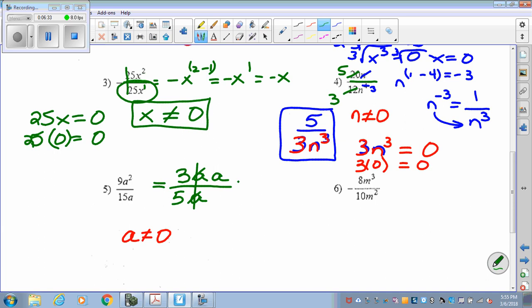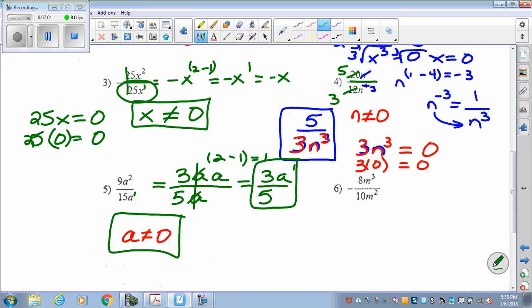What is left is 3a on the top and 5 on the bottom. Notice that 2 minus 1 is 1, by my exponent rules, and that's why I have that 1a up on top. And then here is my exclusion, and here's my simplified answer.